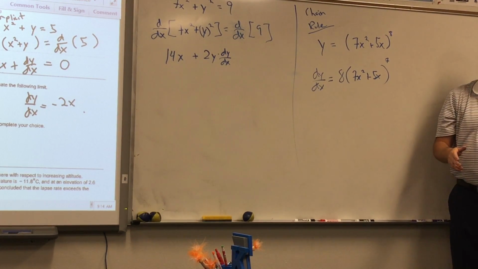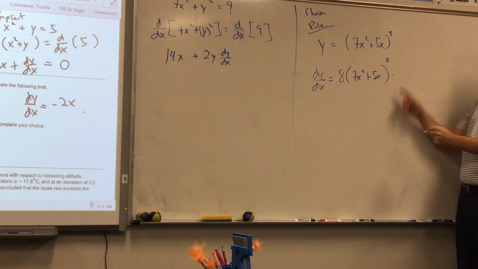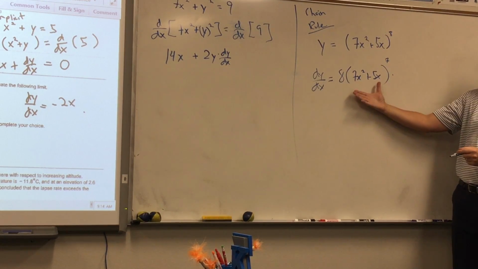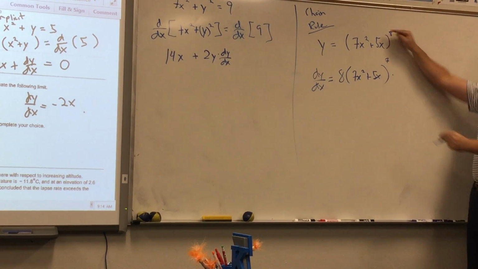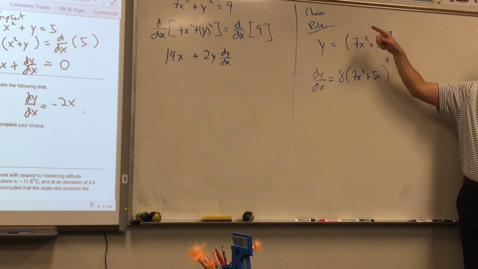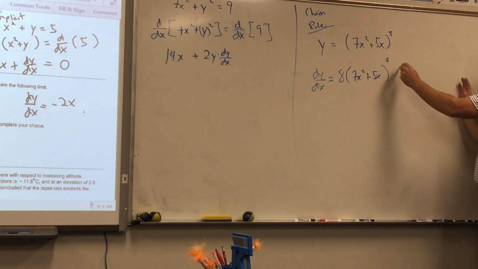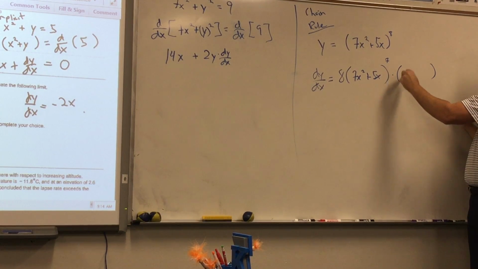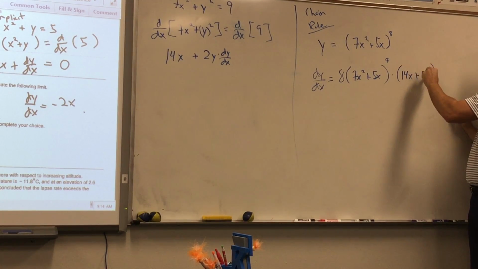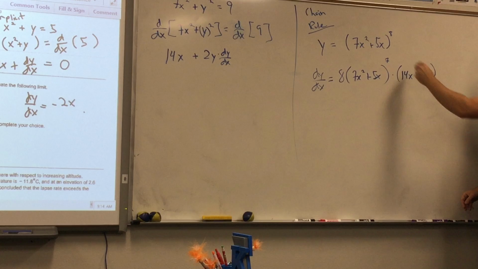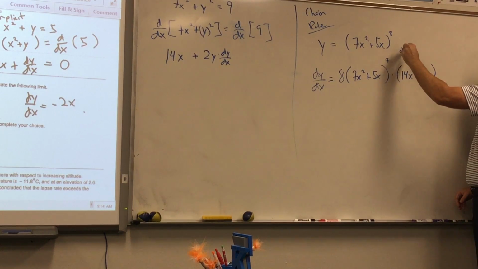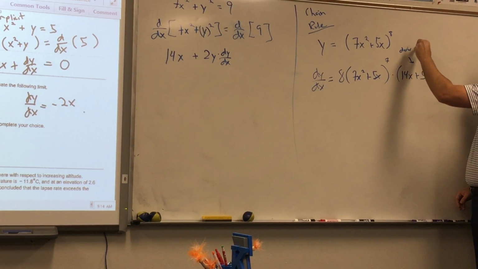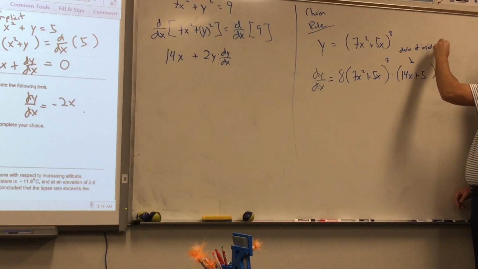This is where the chain rule is, okay? You then have to multiply this times the derivative of the inside. Okay? So the derivative of the inside is 14x plus 5. Derivative of inside.